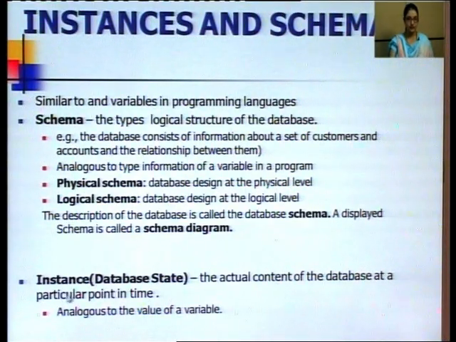Next comes the definition of instance, which is also known as database state, means the actual contents of a database at a particular point of time. Means at a particular moment of time, what are the actual contents in the database, what are the values in the fields of the database.